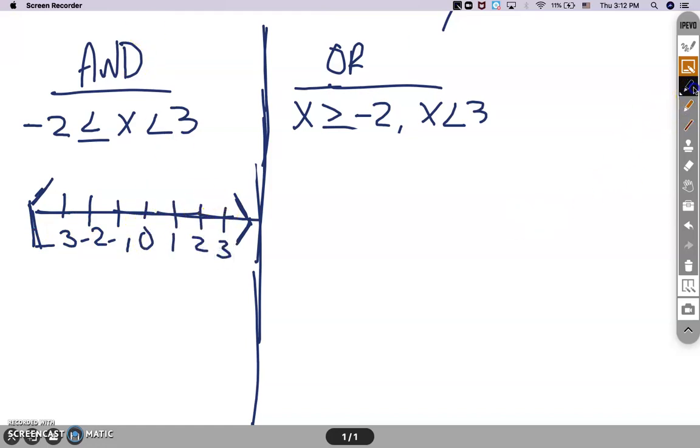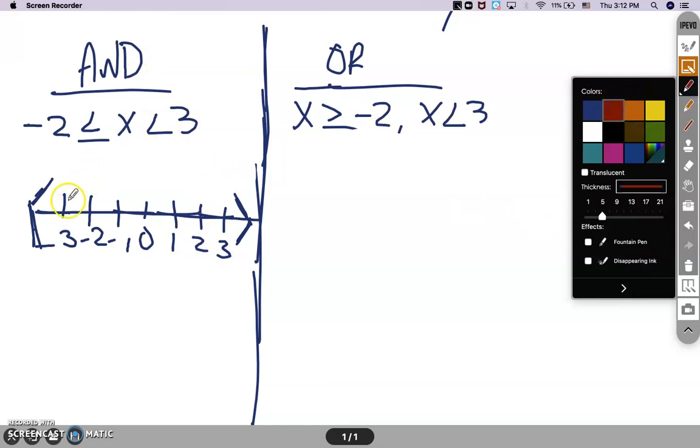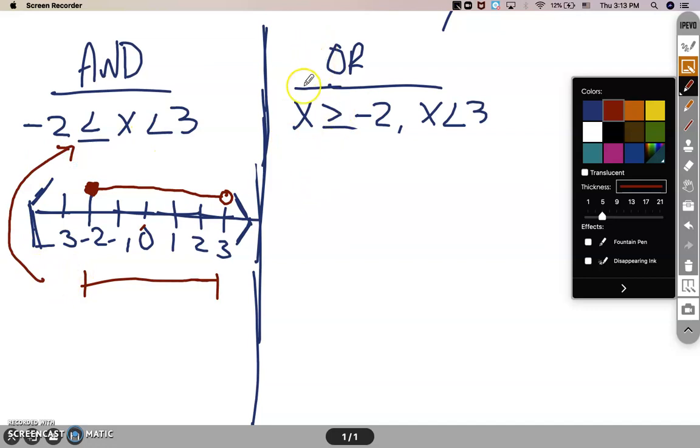Okay? So here, basically, you're saying that x will be greater than or equal to -2, and then x less than 3. So then this will be the range of the values that satisfy this inequality. Okay. So now, what about the OR?